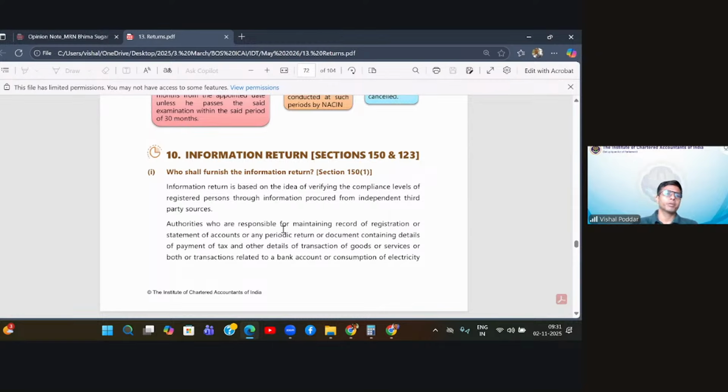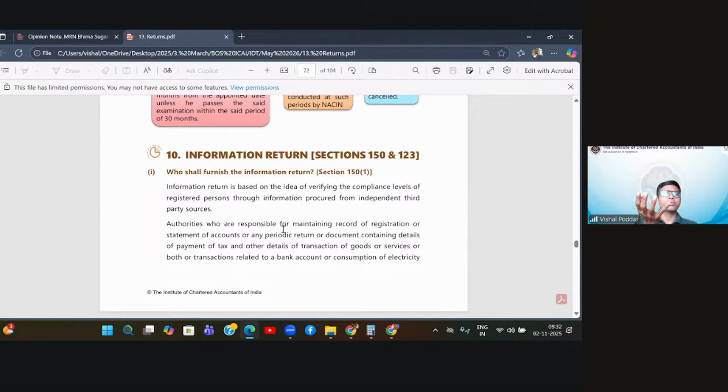So the purpose of this information return is to make public bodies like banks, insurers, land records, all the major dealers of cars and all, wherever you may be engaging in any commercial activity, the government, using the power under this section, is now making those entities file or furnish information relating to your transactions for which they have the records, so that these transactions get reported to the government.